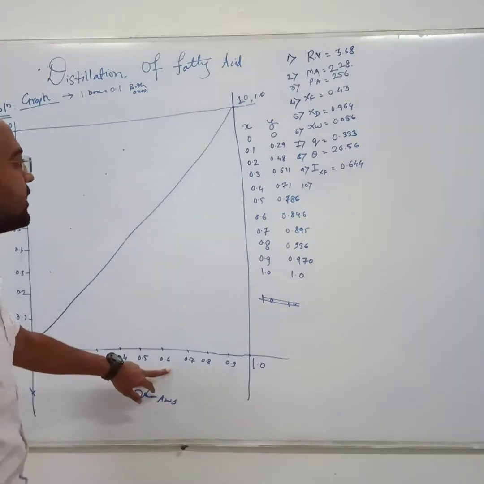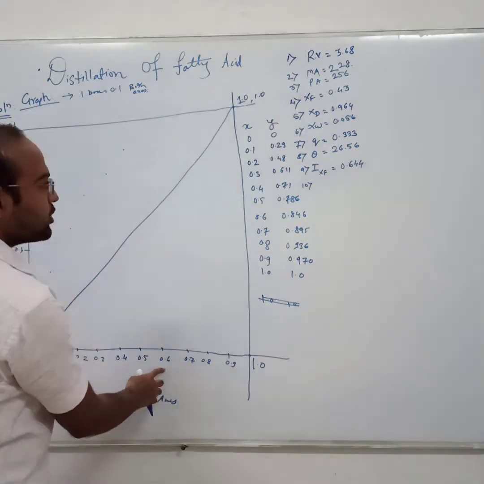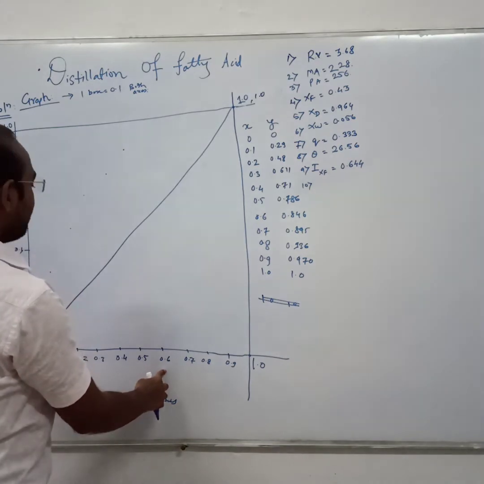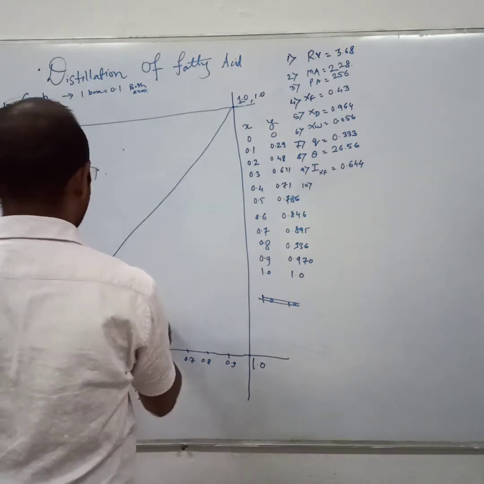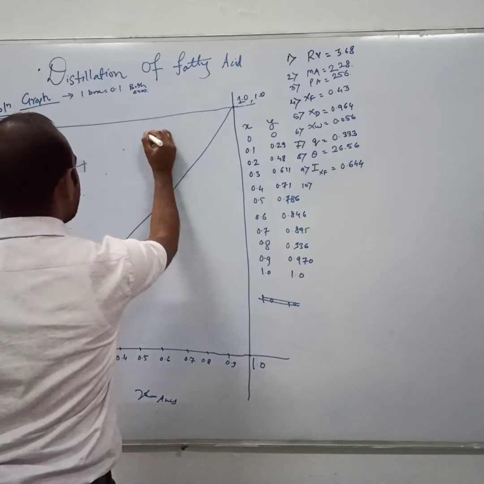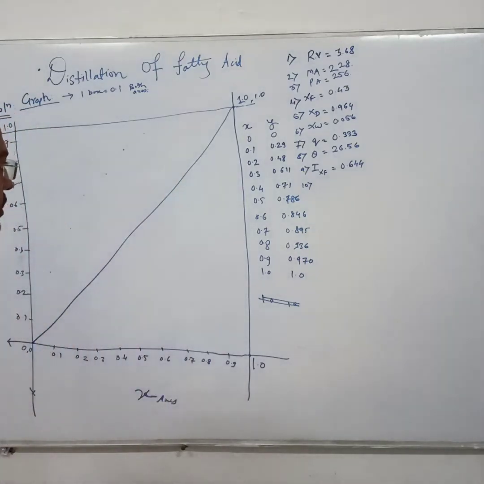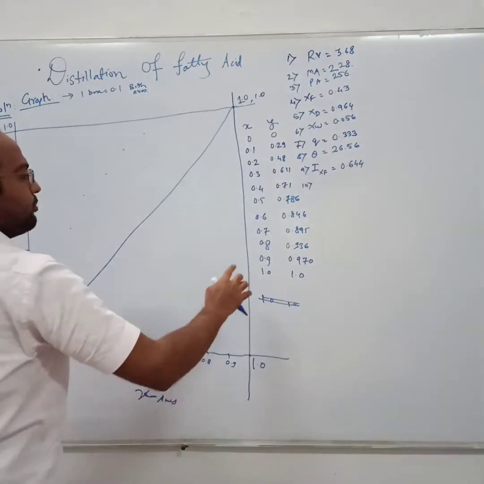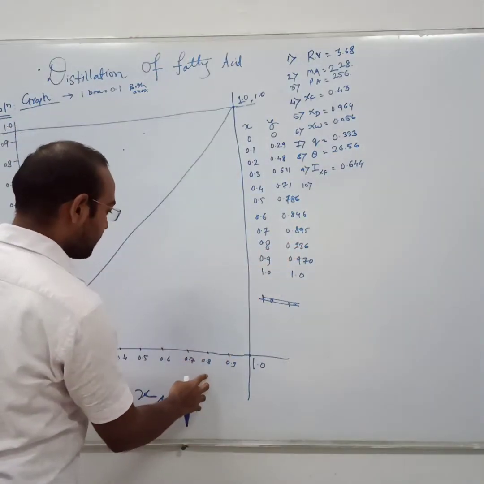Then for point 6, 0.846 means 0.85, in between 0.8 and 0.9. Then for 0.7, 0.895 means very close to 0.9.